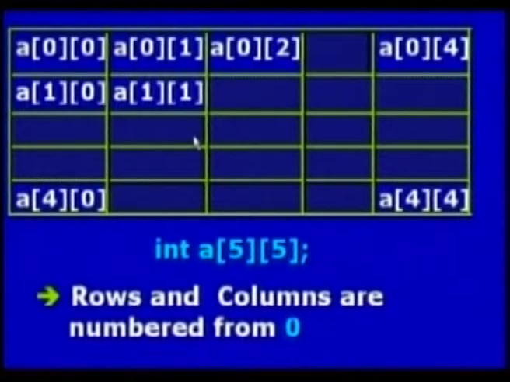And here's a picture of the table we just drew. So in this example, we have a 5 by 5 array defined to be of type integer, and the declaration statement would be something like this. A of square bracket 5, number of rows, square bracket 5, number of columns. Remember that in C, we always start the numbering from 0.